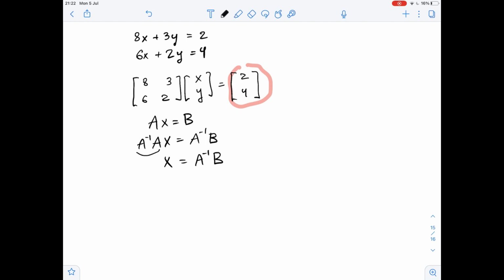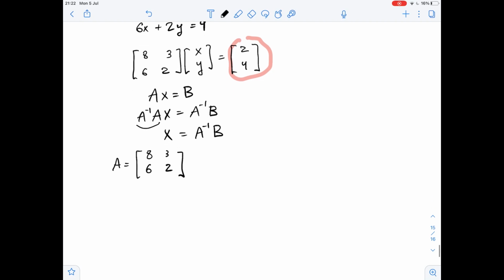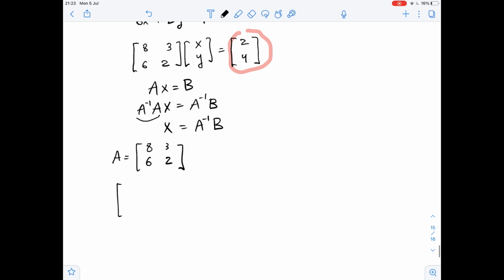So let's start by finding A inverse. Matrix A is the matrix of coefficients [8, 3; 6, 2]. In order to find its inverse, we will apply some row operations. So we write it down as [8, 3 | 1, 0; 6, 2 | 0, 1].